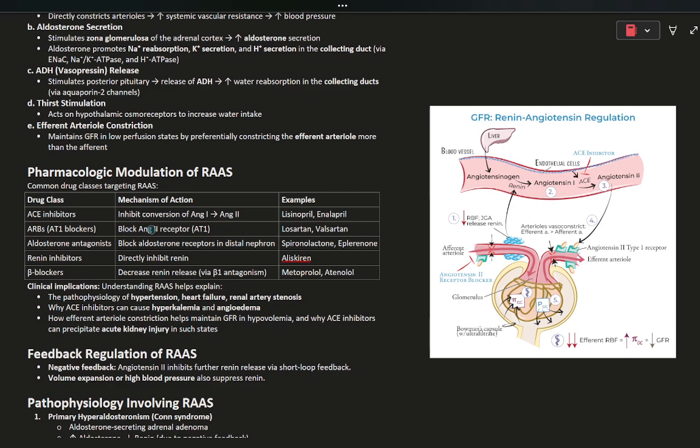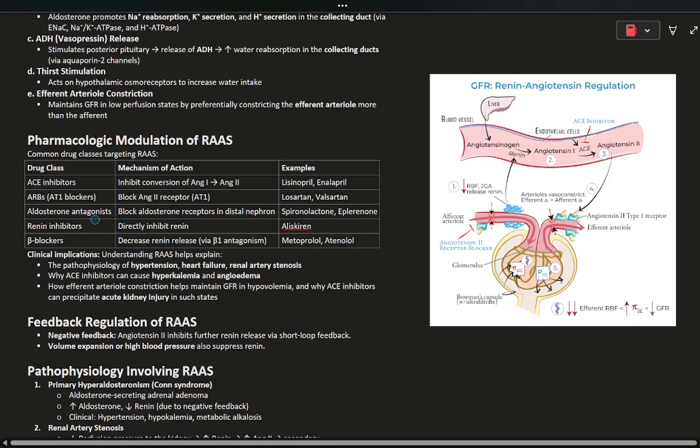These drugs will block the angiotensin 2 receptor at the AT1 site to prevent angiotensin 2 from carrying out its main functions. And so those drugs will include losartan, valsartan, candesartan, any drug that ends with artan. So that's how you know it's an angiotensin receptor blocker.